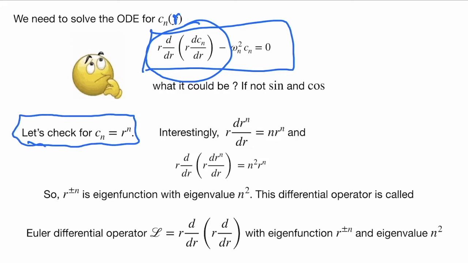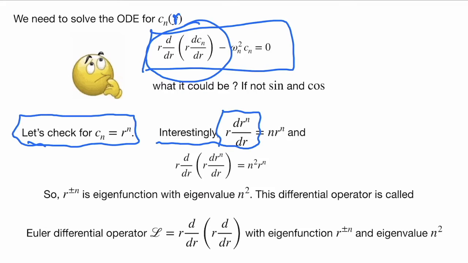So let's propose that cn is r power n. Interestingly, when we first differentiate this, r into d r^n by dr becomes just n times r to the power n. So it acts as an eigenfunction for the first order term, but that's not sufficient. We have a second order differential equation. Let's apply r into d by dr again.